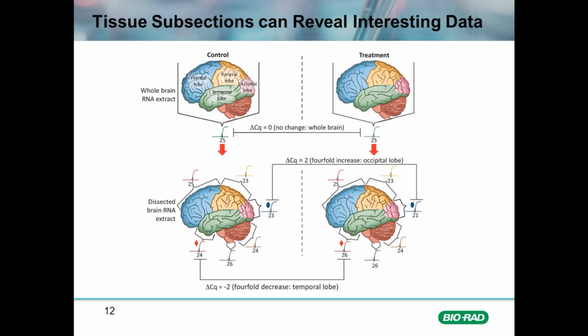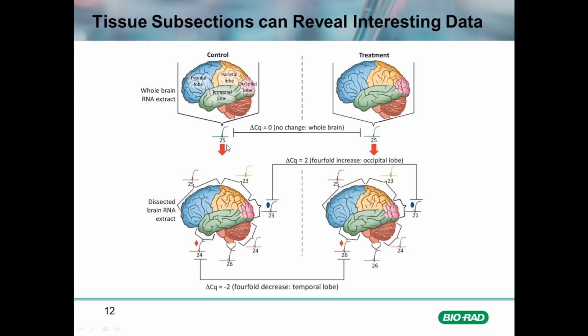And unfortunately, the CQ value for the gene of interest was 25 for the control RNA, and again 25 for the treatment sample. So therefore, the delta CQ between these 2 treatments is 0, 25 minus 25, and hence there was no change in expression for the target of interest between control and treatment.